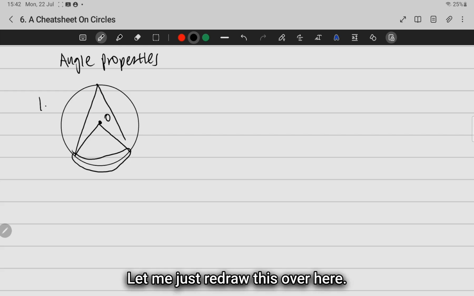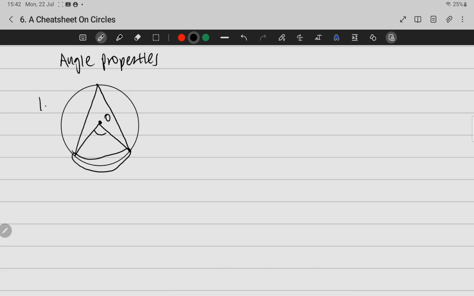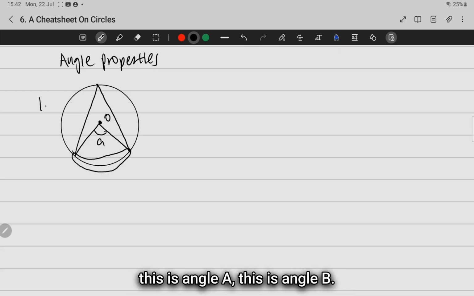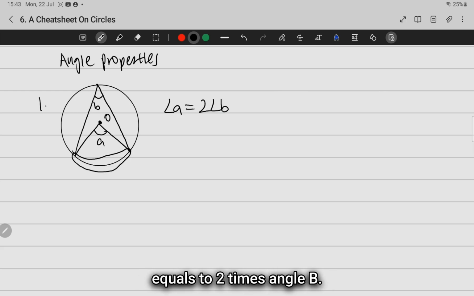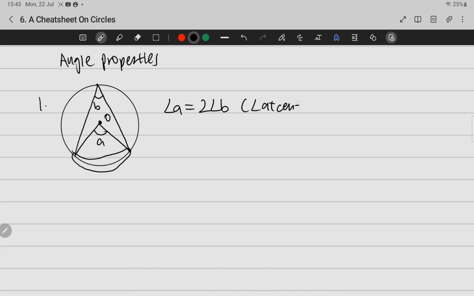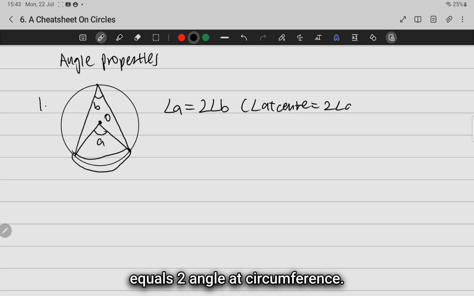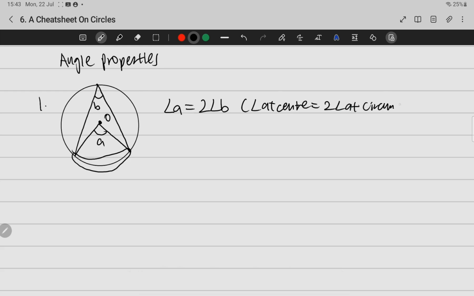Let me just redraw this. So as you can see, this is angle A, this is angle B. And in this case, angle A will equal 2 times angle B. And we call this angle at center equals 2 times angle at circumference.